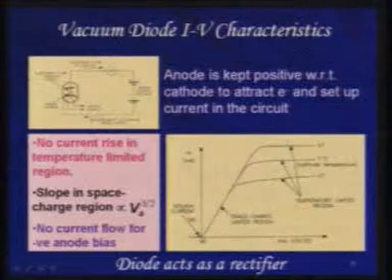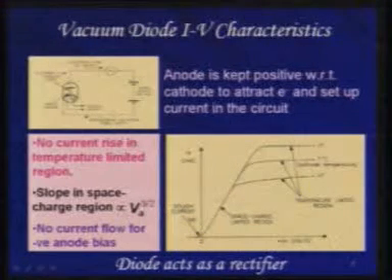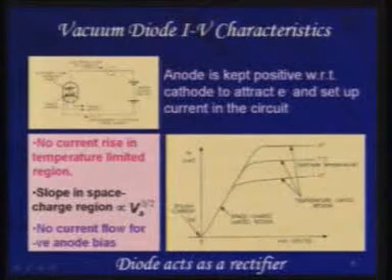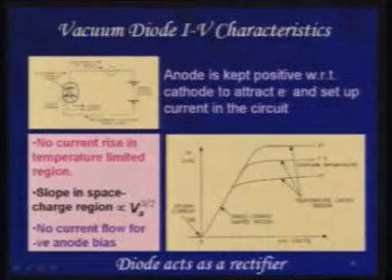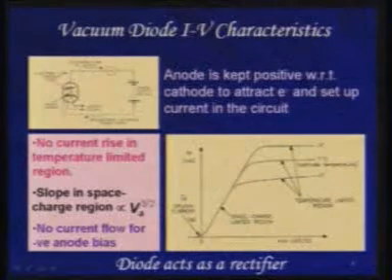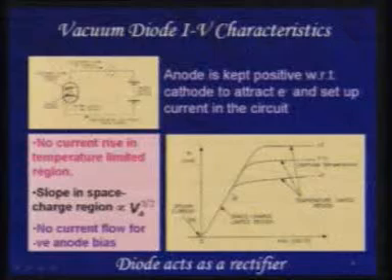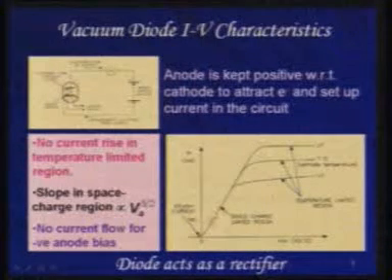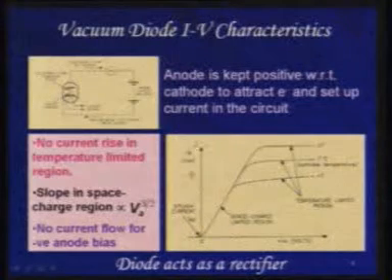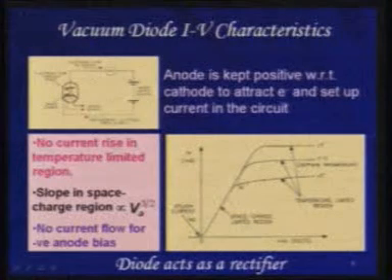This is a current of the few electrons which were emitted here, which even without any application of anode voltage try to reach there, and it is called a splash current. It is a very small current, but as we increase the anode voltage, we start getting more and more electrons attracted, so that we get a higher and higher current generated.